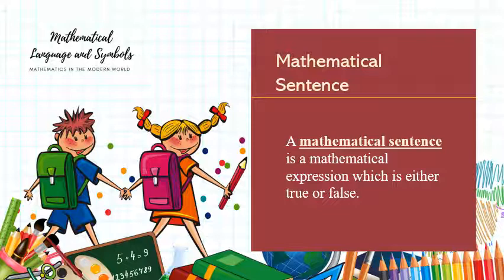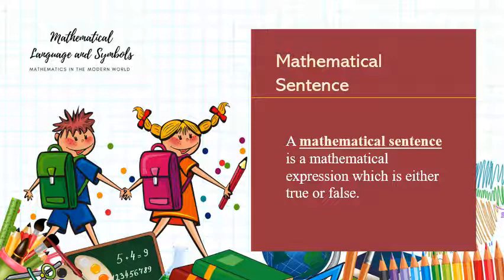A closed mathematical sentence is one which is known to be either true or false. So take note, open sentence: true or false depending on the value of the unknown x.